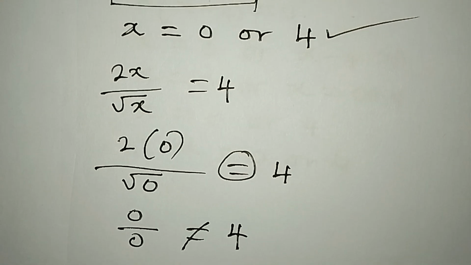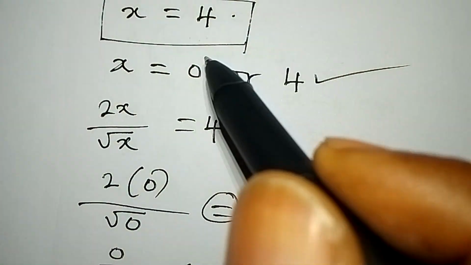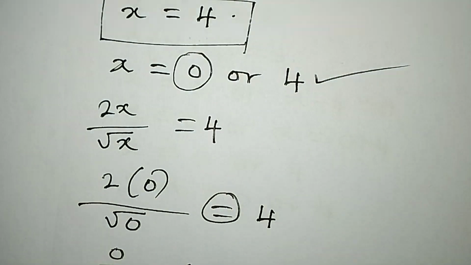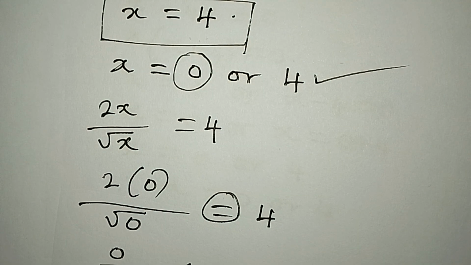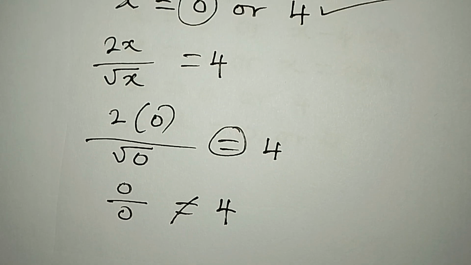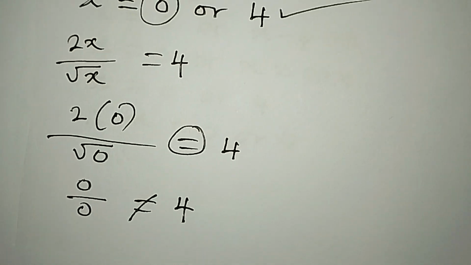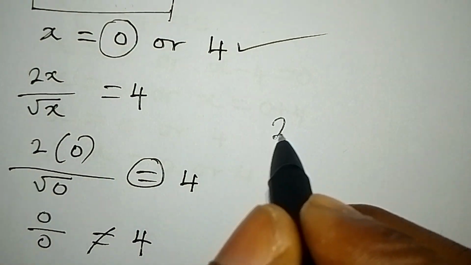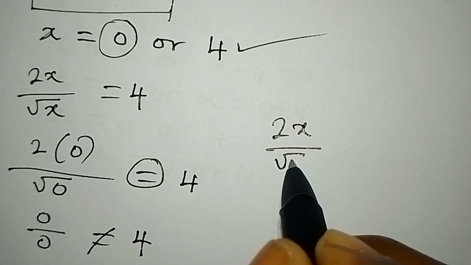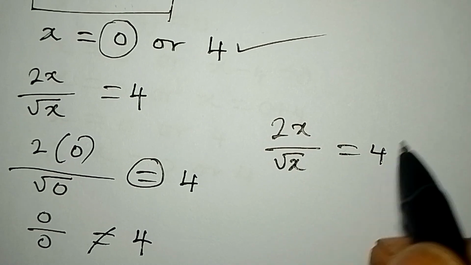So what are we saying? We are saying that x equal to 0 is not satisfying, right? But then let's work with x equal to 4. The equation is still 2x over square root of x equals 4.